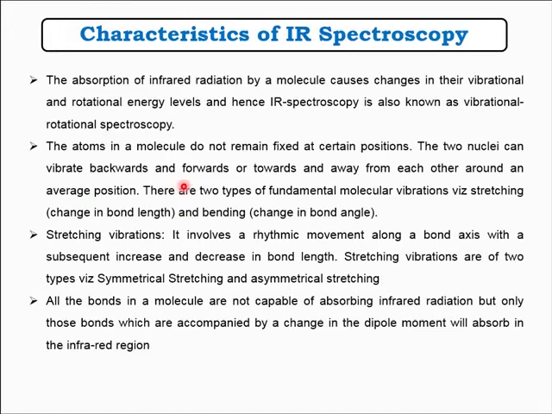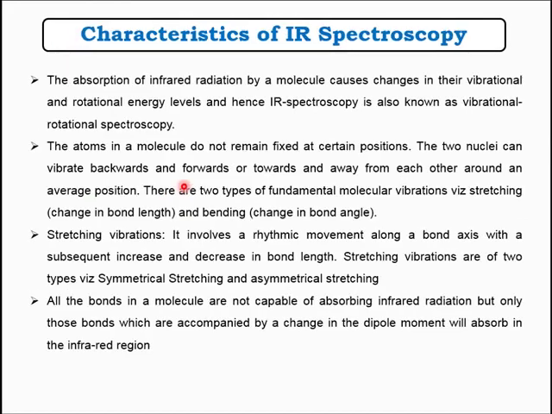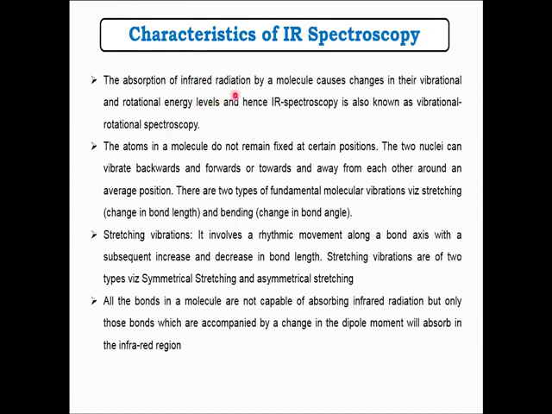Now let's have a look at the characteristics of IR spectroscopy. The absorption of IR radiation by a molecule causes changes in its vibrational and rotational levels, and hence IR spectroscopy is also known as vibrational-rotational spectroscopy.